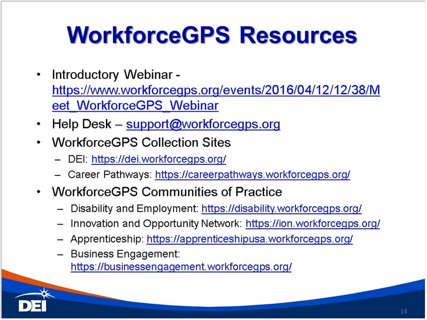It's created for projects or for the workforce system to go to see what's happening in terms of WIOA. The apprenticeship, again, you can find many tips and resources on that page. And there's also the business engagement COP that you can go to learn more about what's happening.